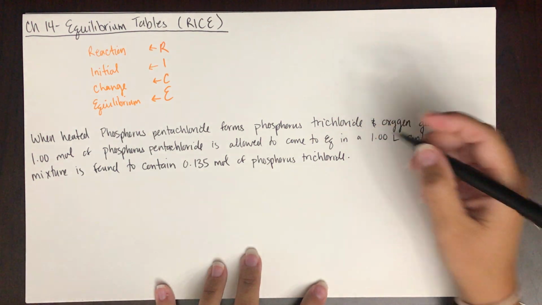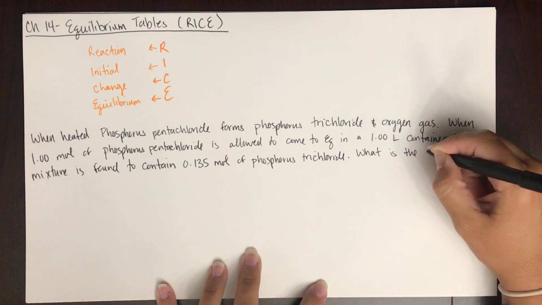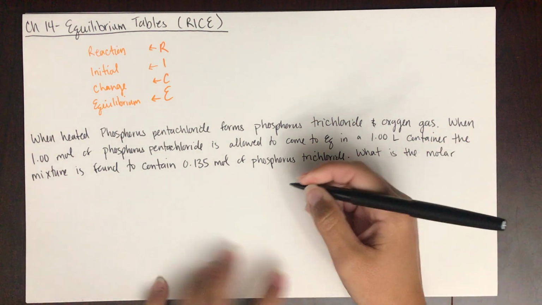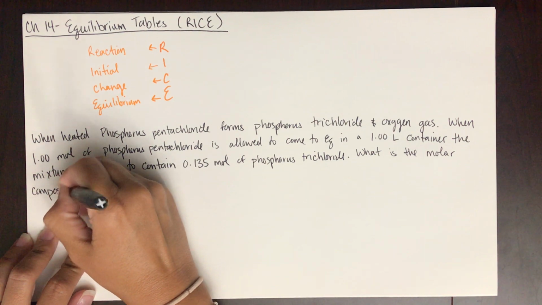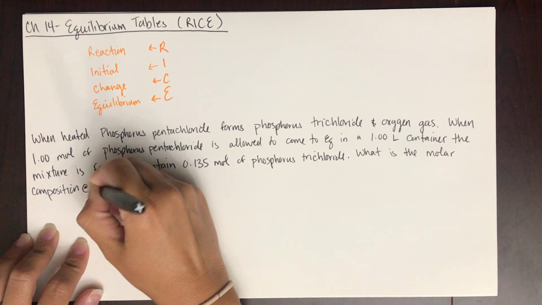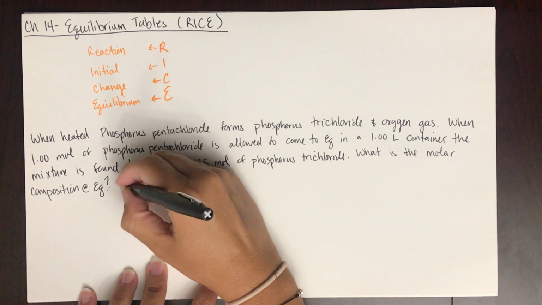What is the molar composition at equilibrium? And what is the Kc?